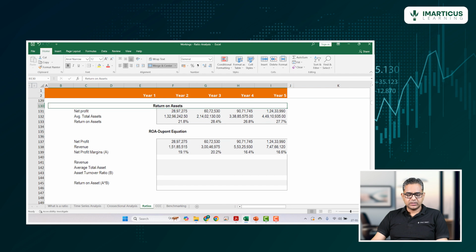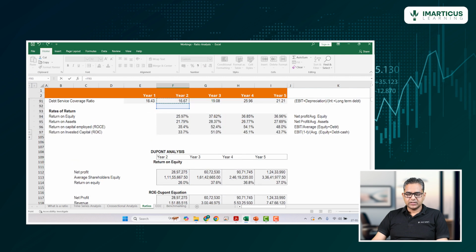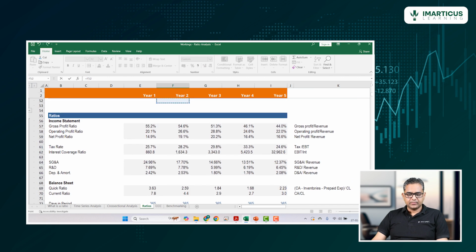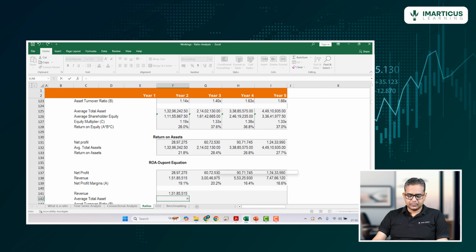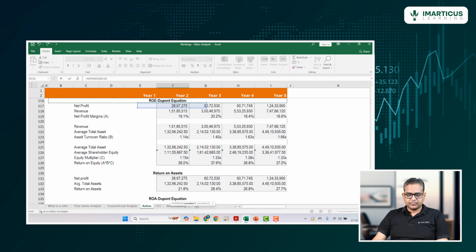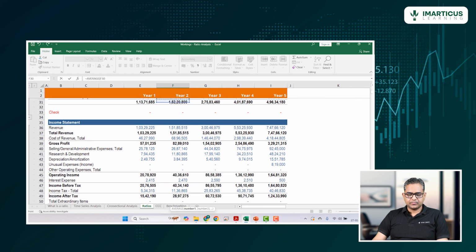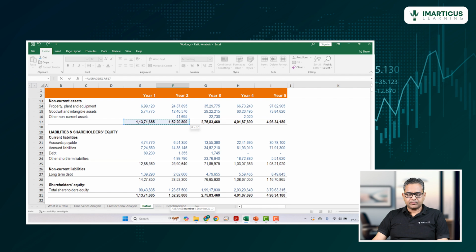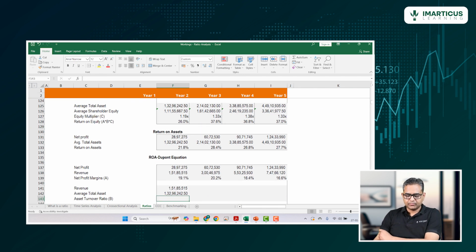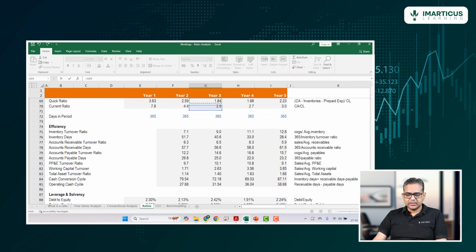Then we can look at asset turnover ratio, which is equal to revenue upon average total assets, which will give us asset turnover ratio. Calculating it again, revenue upon average total assets.